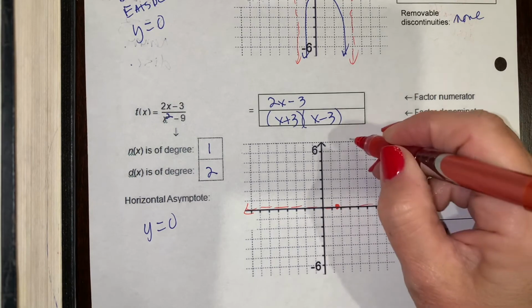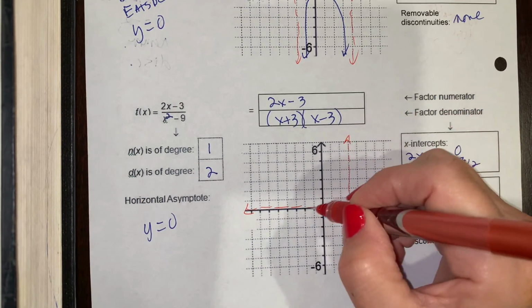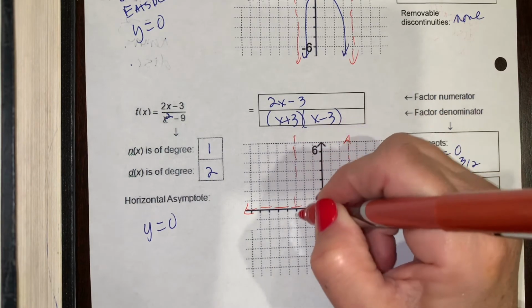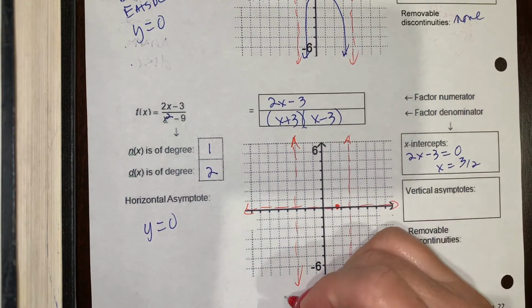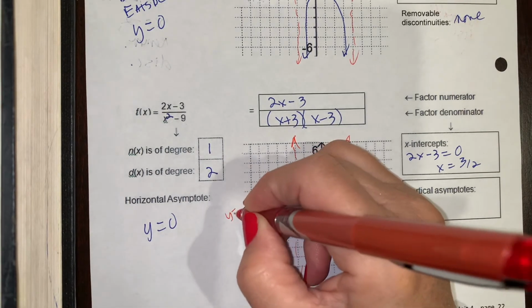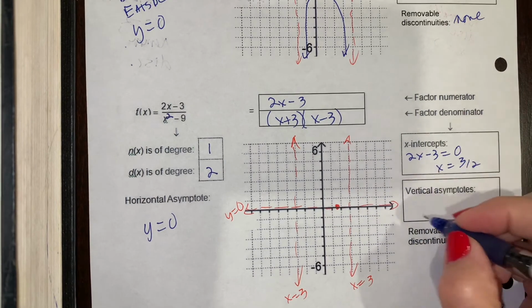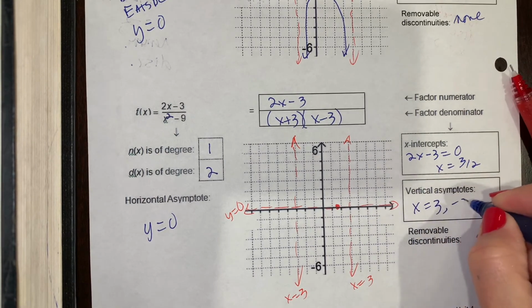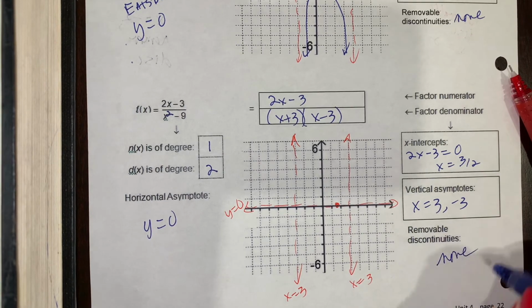So 1, 2, 3, and 1, 2, 3. So at x equals 3, x equals negative 3. I didn't have any removable discontinuities because this did not factor out.